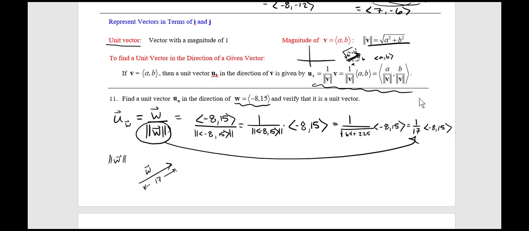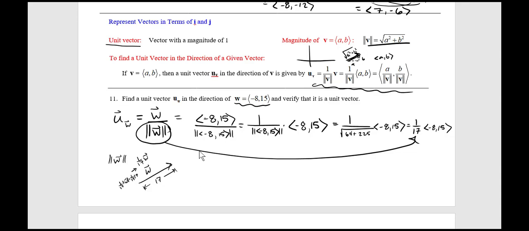Well, if we multiply that thing by 1/17, we get a vector in the same direction, but 1/17 as long. 1/17 of 17 is 1. So this should be a vector that is 1 unit long in the same direction, because we've taken 1/17 of the original length.